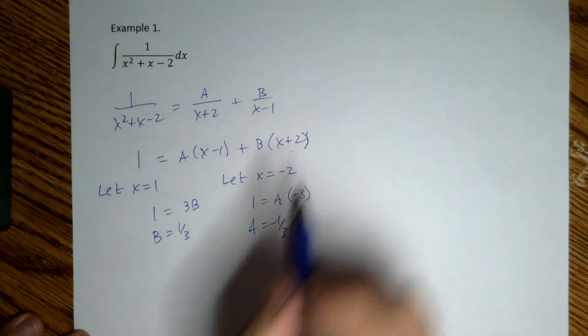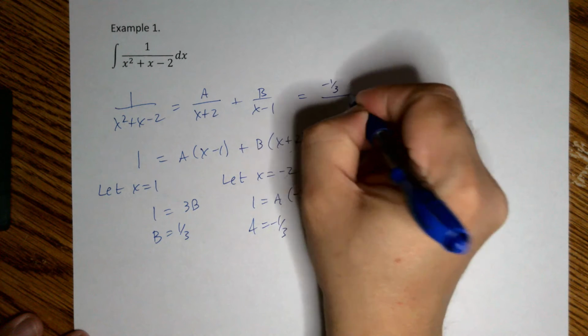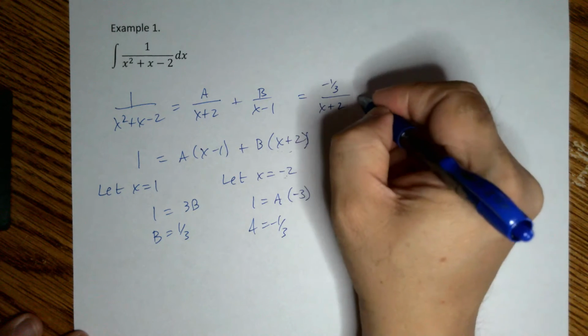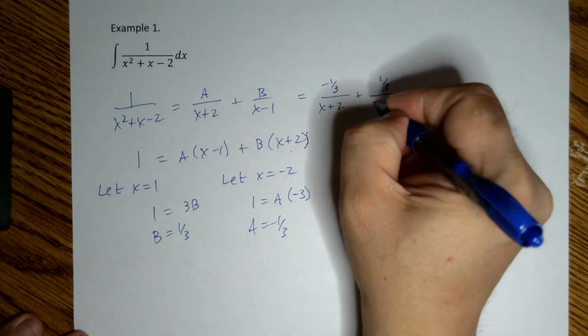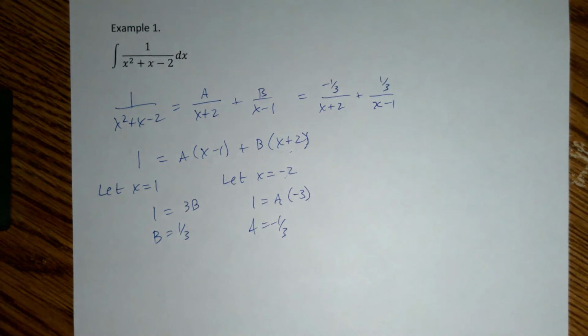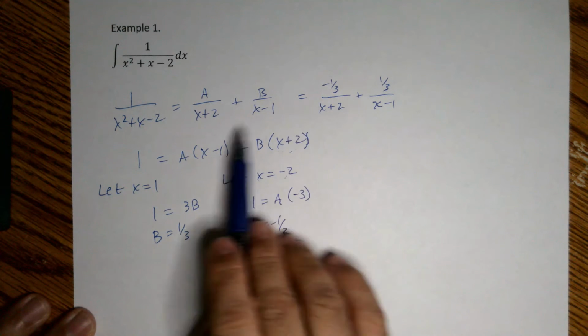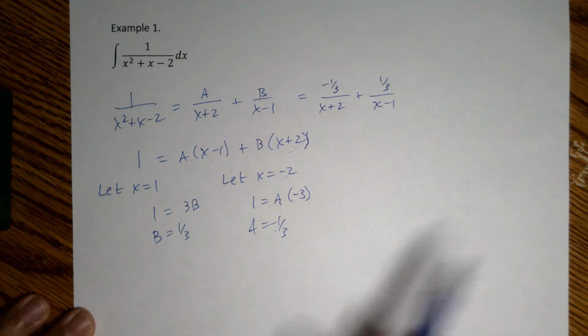So that means I can rewrite this fraction as negative 1/3 over x plus 2 plus 1/3 over x minus 1. I'm going to write it kind of sloppy here. Fractions within fractions are usually not a good idea, but just to keep things simple, whatever I get for a and b, I just put right in the numerator. I got a is negative 1/3 and b is positive 1/3, so that's what I put.